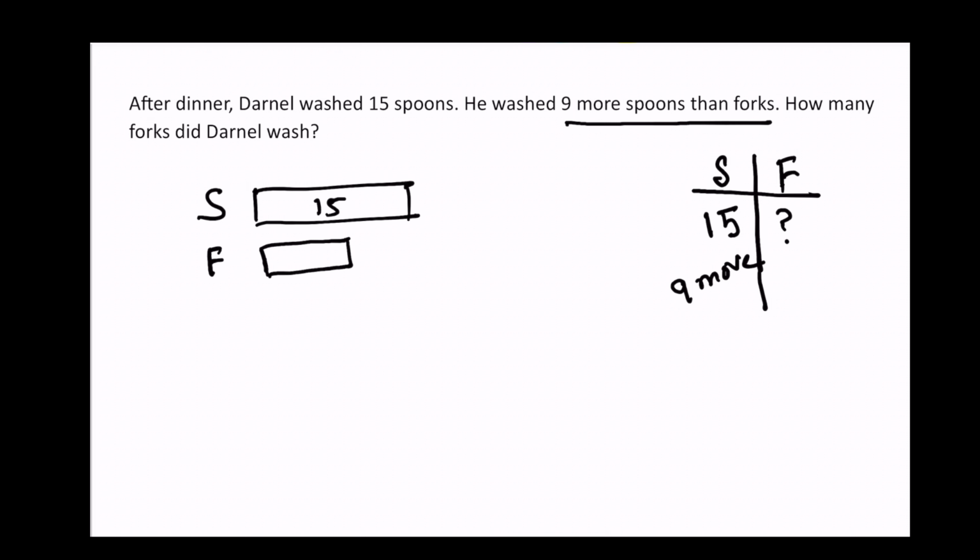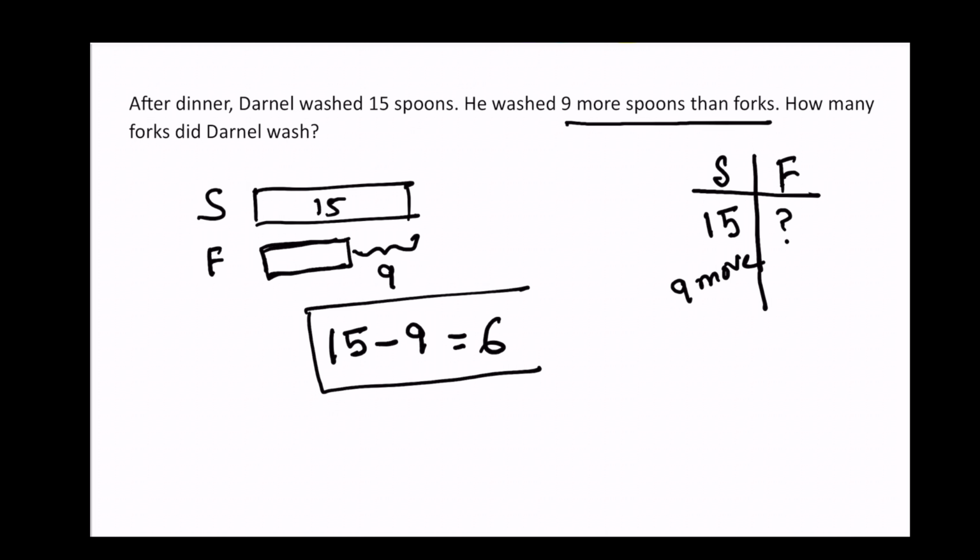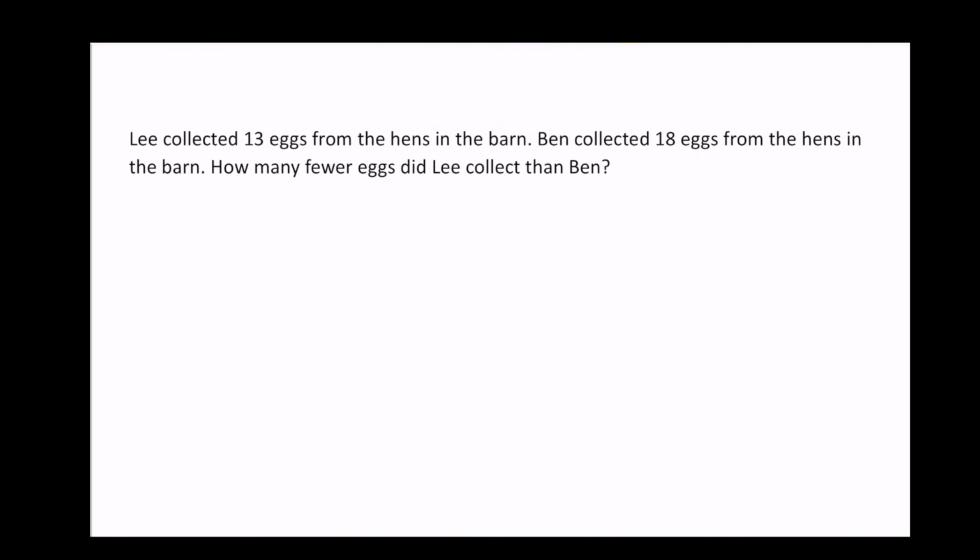So I made a smaller rectangle and the difference is 9. When we try to find a smaller number, we need to subtract. So 15 minus 9 is equal to 6. So he washed 6 forks. Let's go to the next problem.